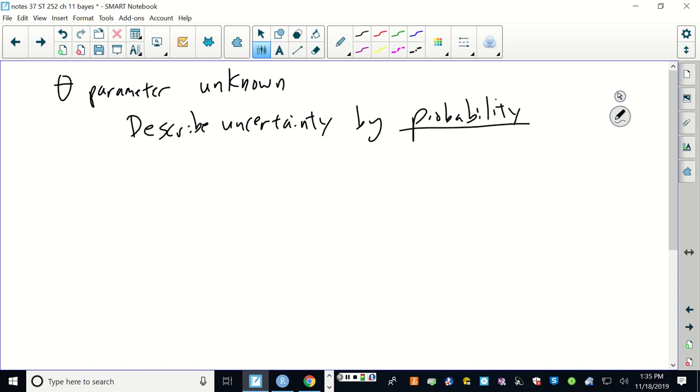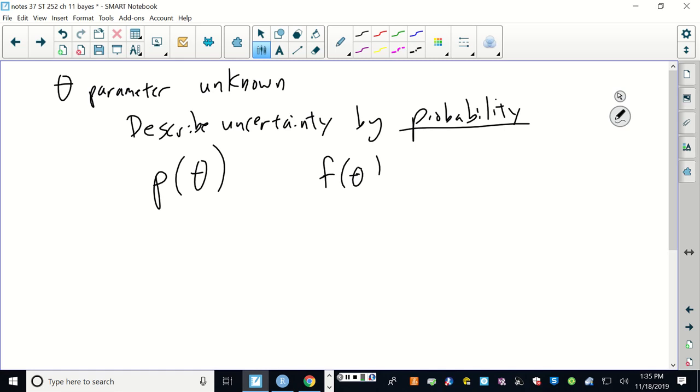So we will put a probability distribution on theta, another density type of thing, where we express uncertainty by modeling it as a distribution.